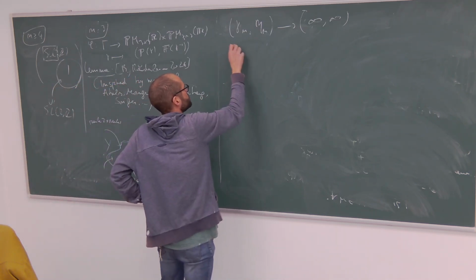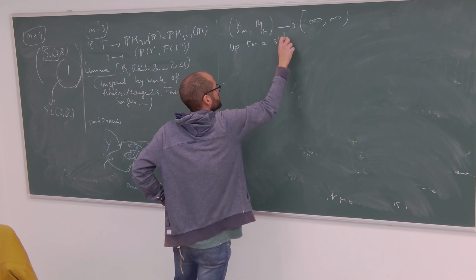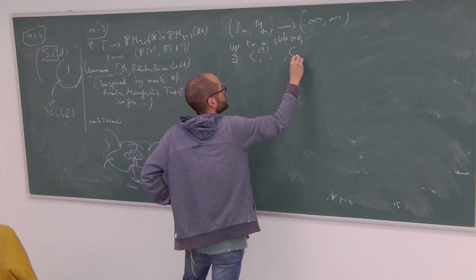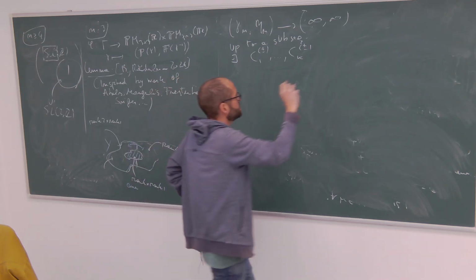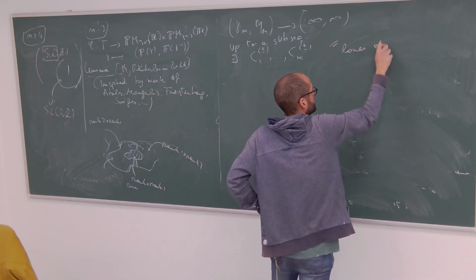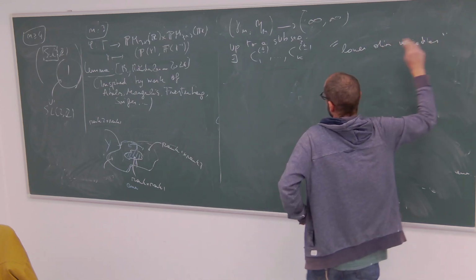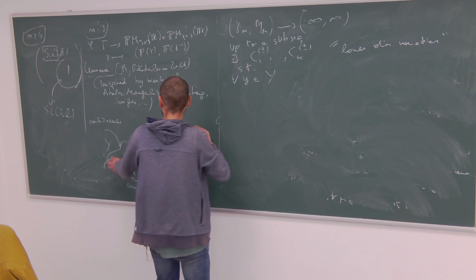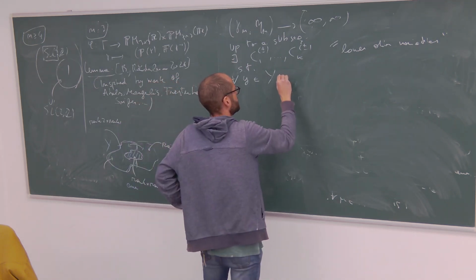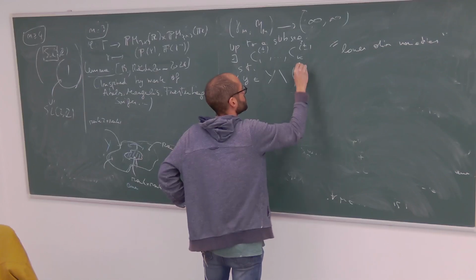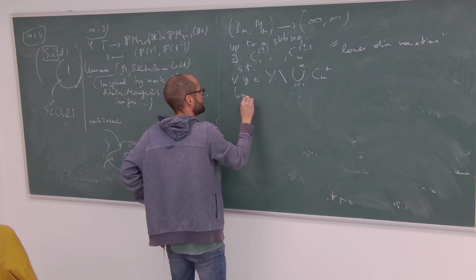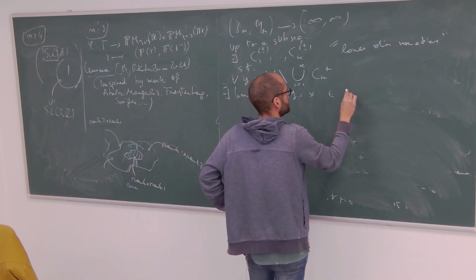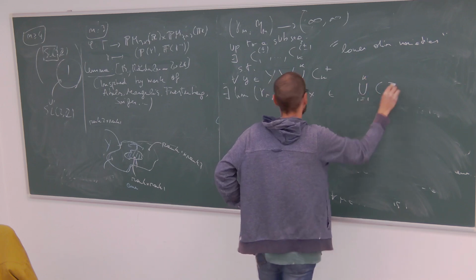Then up to a subsequence, there exist some sets C1 plus minus, Ck, which are in some sense lower dimensional varieties, with the following property: for every y in this space of projective matrices outside the union over i from 1 to k of Ci plus, the limit of gamma n eta n applied to y exists, and belongs to the union over i from 1 to k of Ci minus. So what does it mean?